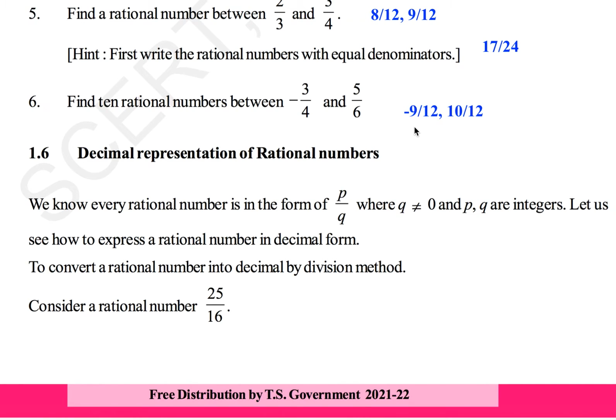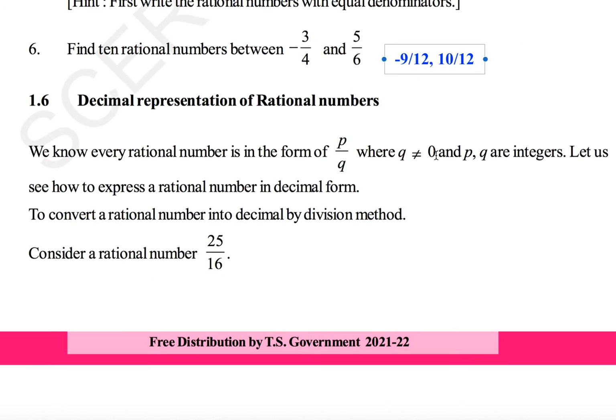That is minus 8 by 12, minus 7 by 12, minus 6 by 12, minus 5 by 12, minus 4 by 12, minus 3 by 12, minus 2 by 12, minus 1 by 12, 0. Again 1 by 12, 2 by 12, 3 by 12, 4 by 12, 5 by 12, 6 by 12, 7 by 12, 8 by 12, 9 by 12. How many did you get? Almost 18 rational numbers. So write any 10 out of them.